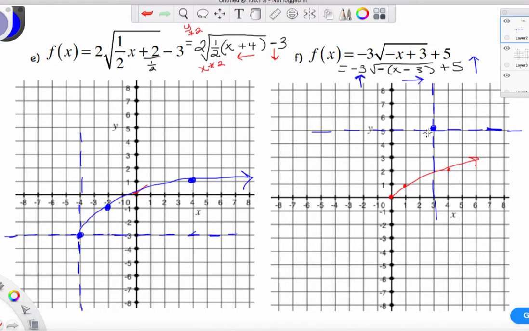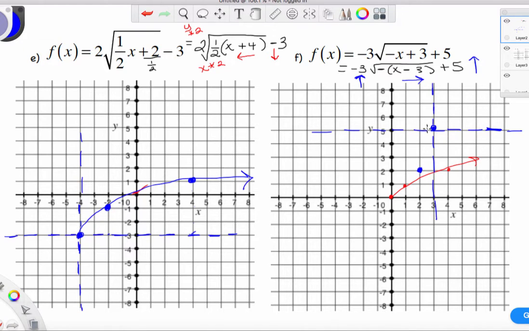And then my function, instead of going over 1, up 1, I'm going to go over 1 and up 3 because my y values are tripled. But not only do I have to triple my y value, but I also have to reflect in 2 directions. I have to reflect x and reflect y. So I'm going to, instead of going over and up, I'm going to go down and back. So back 1 and down 3. Reflect y, reflect x. Reflect y-axis, reflect x-axis.